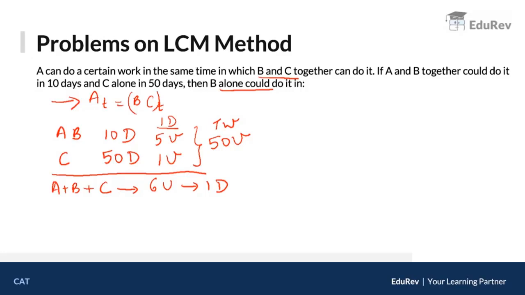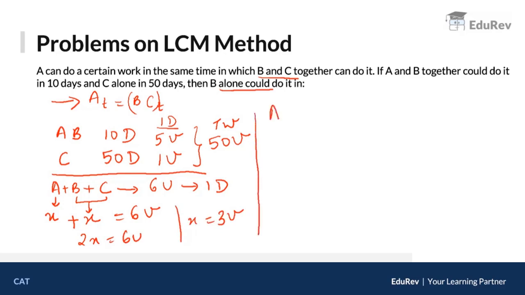That means A does in one day as much work as B and C do in that time, because only then will A's time and B and C's time be the same. So if A does X units in a day, B and C together will also do X units in a day. The work done has to be the same. So if I add, this is equal to 6 units. So your 2x is equal to 6 units. That means the value of x is 3 units.